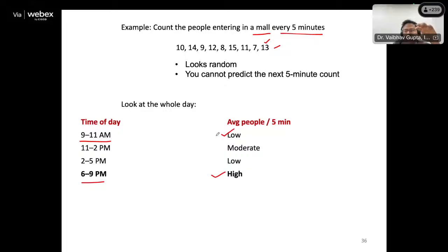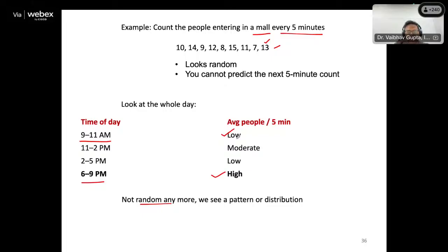This is one example that I'm trying to connect with noise: if there is a signal which is very random in terms of smaller time scale, it is possible that on a bigger time scale, there is some sort of pattern or characteristic which we can take advantage of. So now it is not random anymore, right? There is a pattern that at some particular time, there are high numbers of people and low numbers of people.